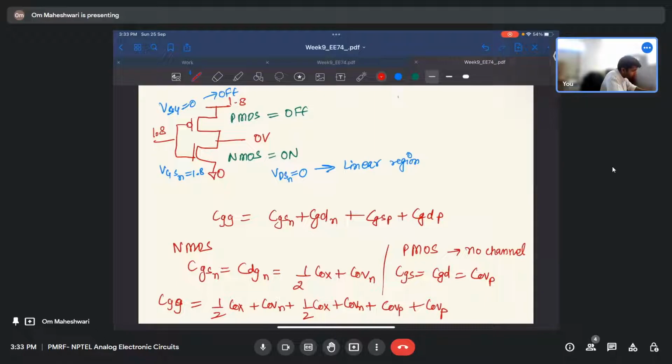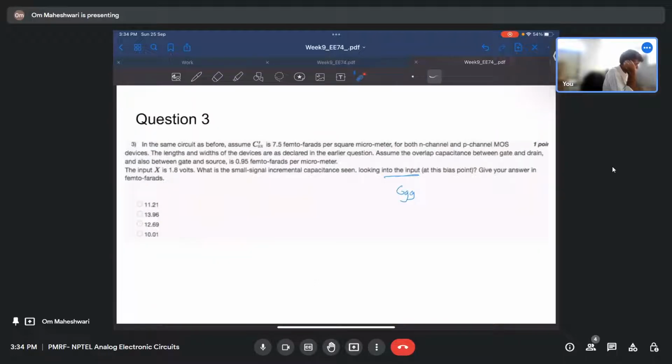So COXn will be COX dash, that is given in the question per area, into area of NMOS. So that is just L into W that were given in the first question, and COVN will be COVN dash, that is given, into width of NMOS. It is given per length, right?